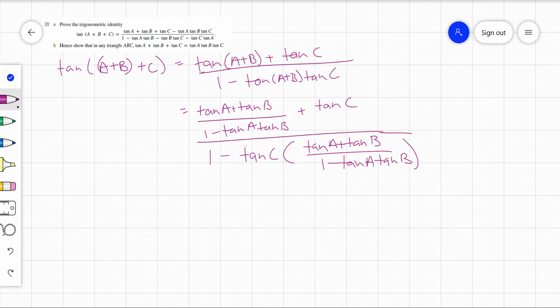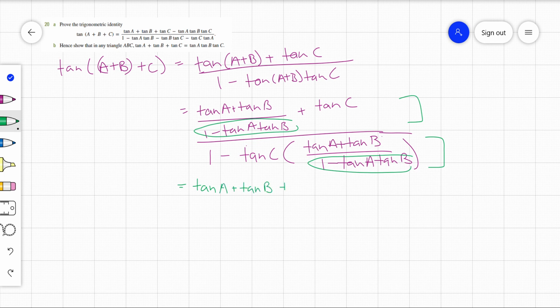Now you can see that if we make common denominators for both the numerator and the denominator, the common denominator is going to be 1 minus tan a tan b. So we can get rid of that, because it will be common to both, as long as we've multiplied everything so that it is the common denominator.